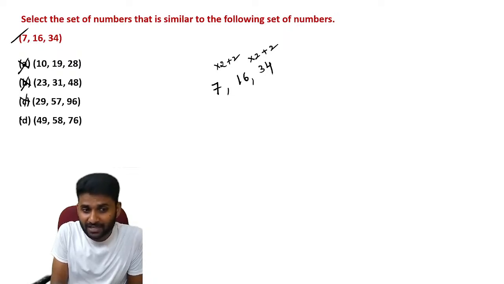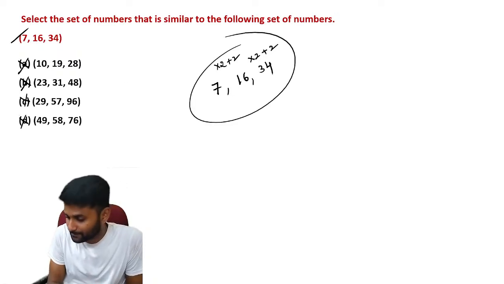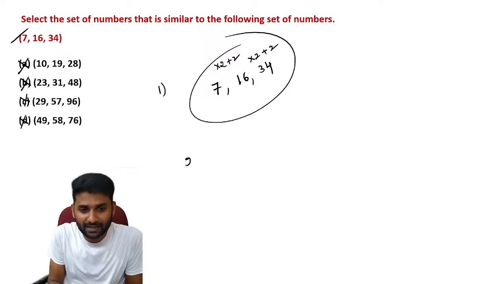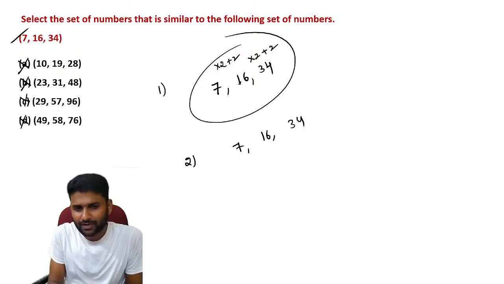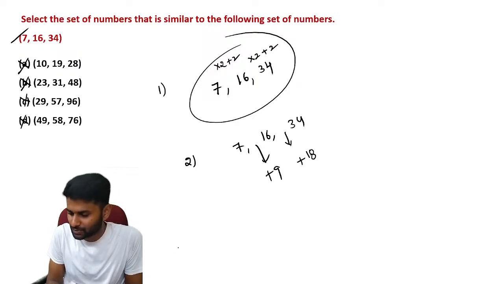And 49, 58, 76 also does not follow our condition. It means this is not the right pattern. Let's change the pattern again. 7, 16, 34. We are not getting anything through multiplication, so find the difference. It's a difference of 9 units, and between 16 and 34 it is a difference of 18 units.